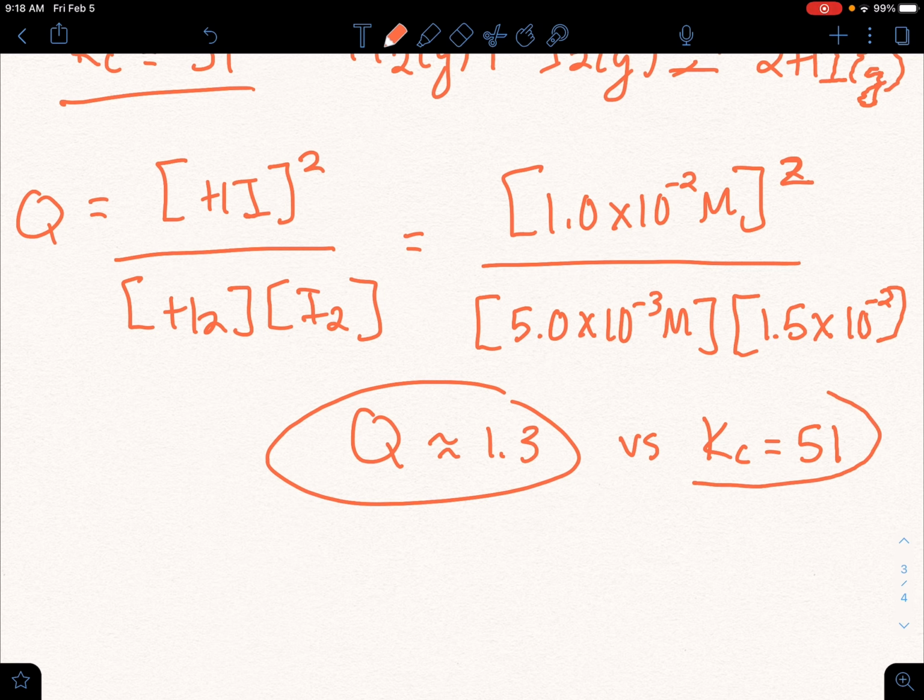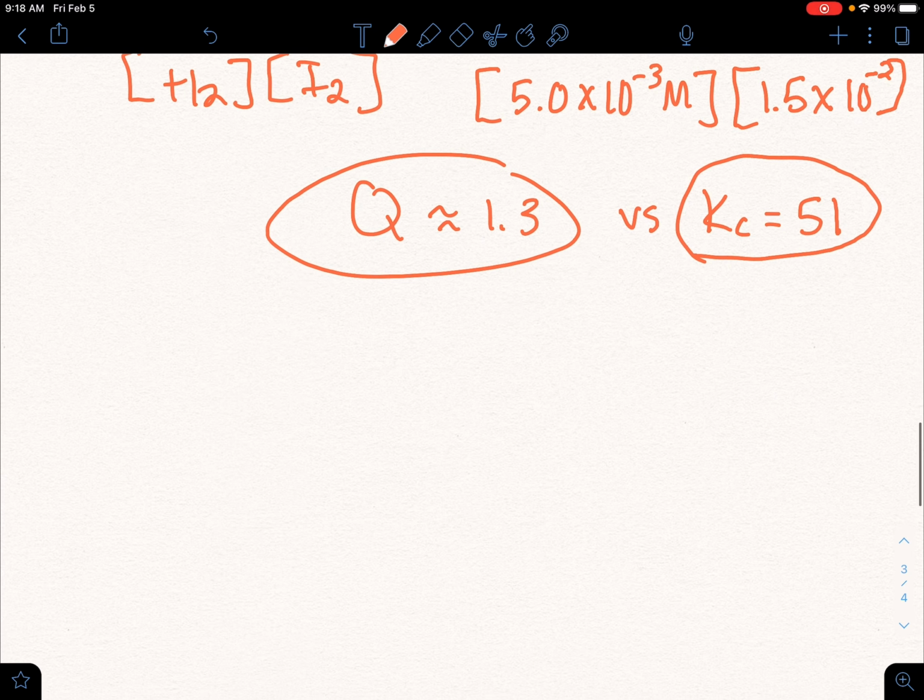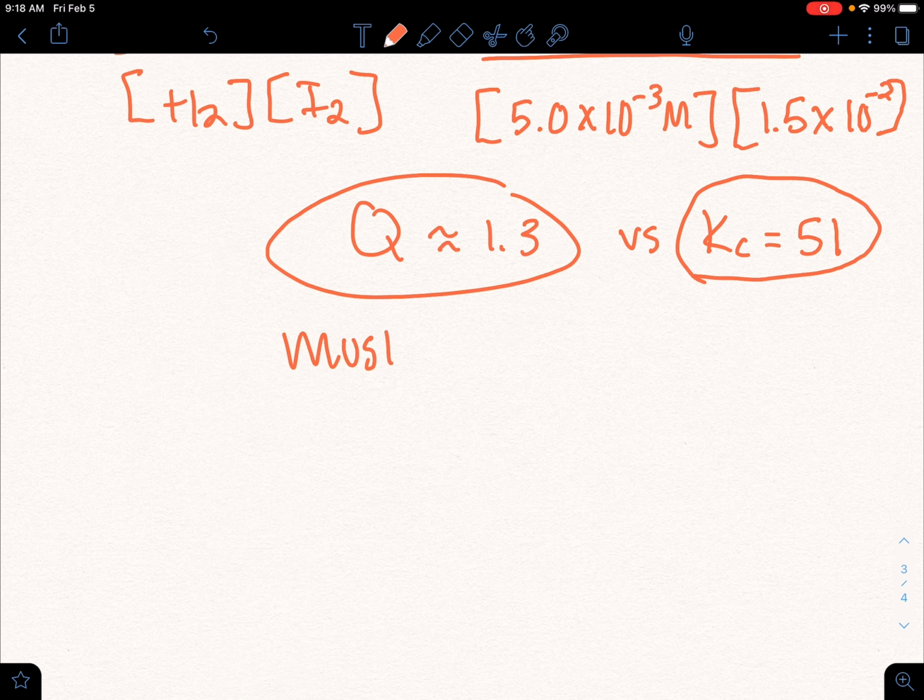Kc is 51 when it's at equilibrium, so our Q is not there yet. It needs to make more products. It needs to favor the product. So for this reaction, it must proceed to the right.